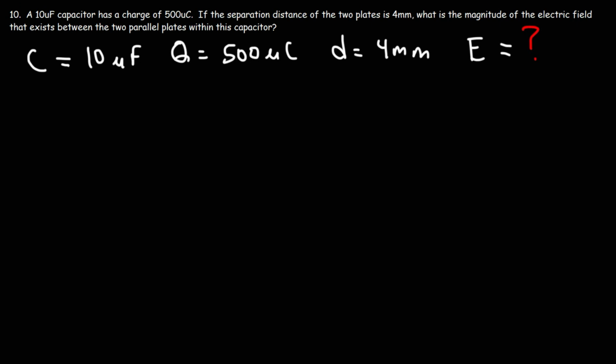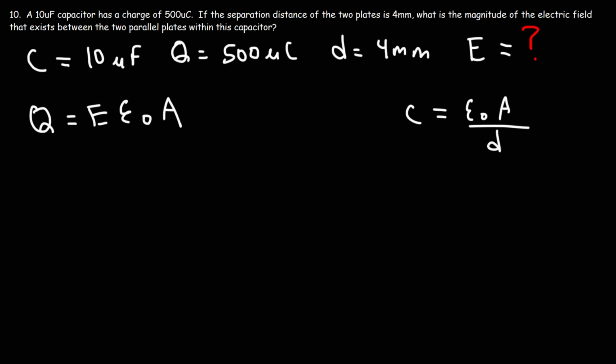So what formula has E, Q, C, and D? Let's see if we can come up with a formula that has those features. In problem 9, we came up with this formula. Q is equal to the electric field times the permittivity of free space times the area of the plates. Let's save that. Now we also know that C, the capacitance, is equal to the permittivity of free space times the area between the plates divided by the separation distance.